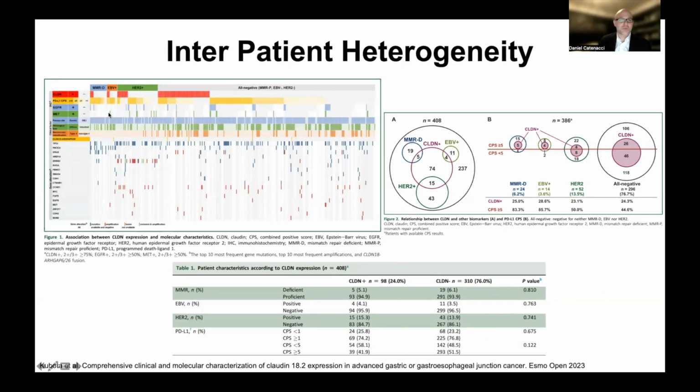And so from this, we're starting to observe what are the incidences or the coincidences of each of these biomarker groups. So for example, Claudin positivity seems to range between 25 and 30% across all the groups. It doesn't seem to be enriched much in any of the other subgroups.